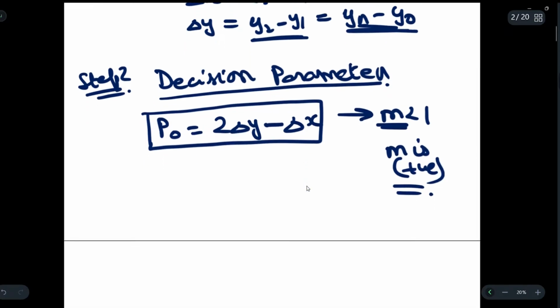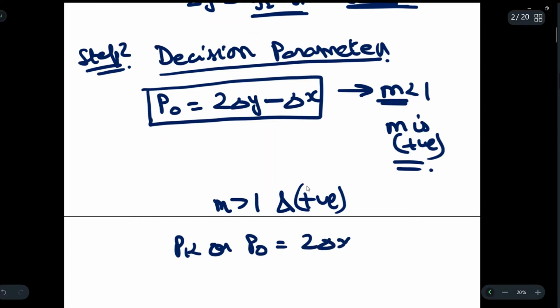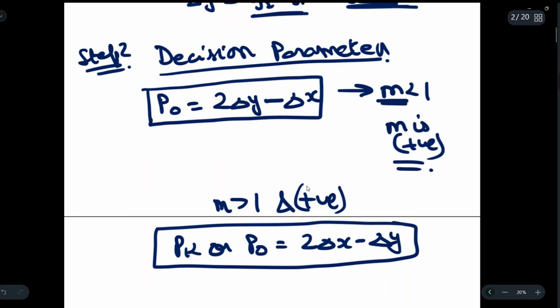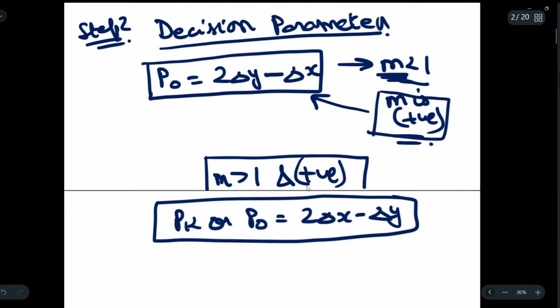If m is greater than 1 and m is positive, then we will use the formula p0 is equal to 2 del x minus del y. Keep in mind that there are two different formulas: when m is less than 1 and positive, the first formula is used, and when m is greater than 1 and also positive, the second formula is used.